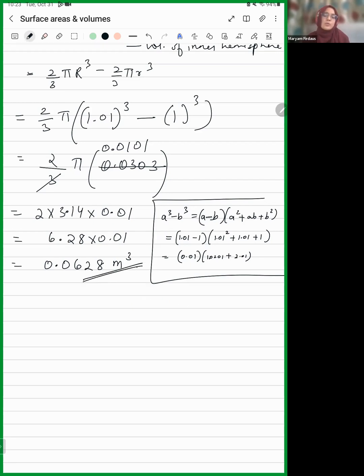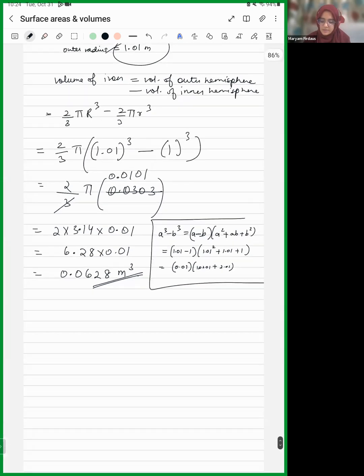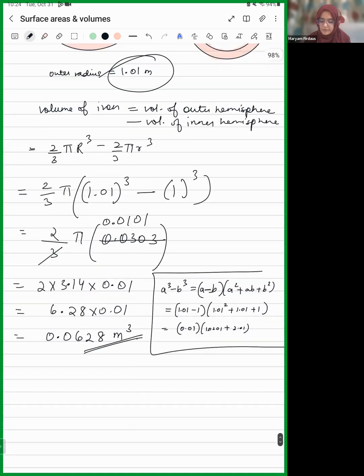You're supposed to get something close to this, 0.06 something. Okay, you can calculate this by yourself. We will be moving forward.